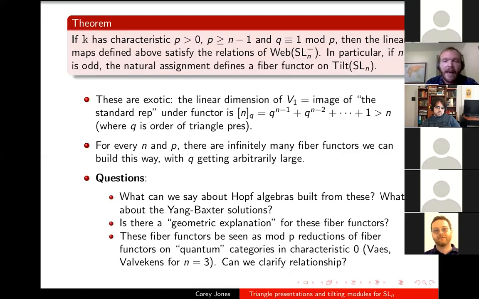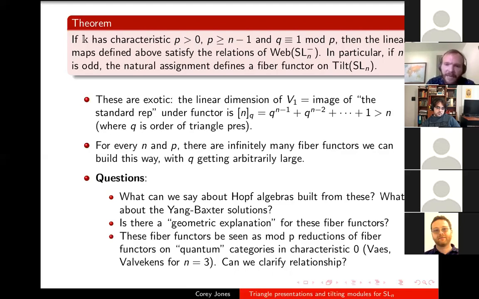All right, and I should mention that these are exotic, again, in quotation marks, and as Victor was pointing out, perhaps not as exotic as I was trying to claim that they were. But in particular, the dimension of the standard rep, for example, is quantum N, where I use the combinatorial convention for quantum N, right? Q to the N minus 1 plus Q to the N minus 2, blah, blah, blah, which is much bigger than N, as long as Q gets large.